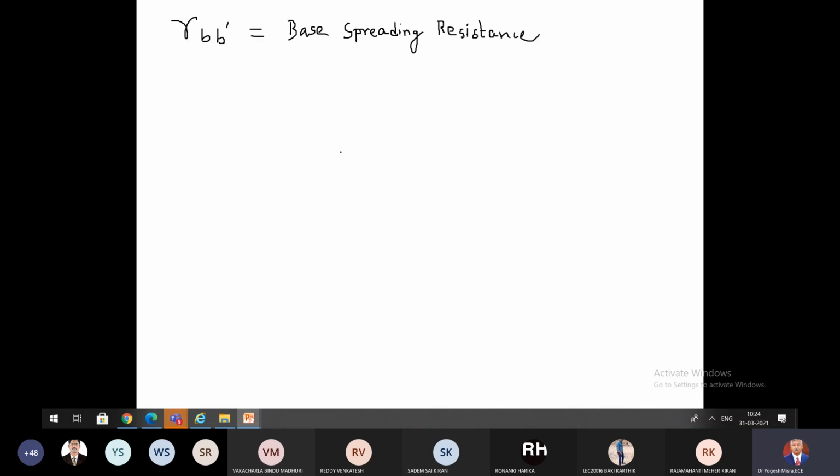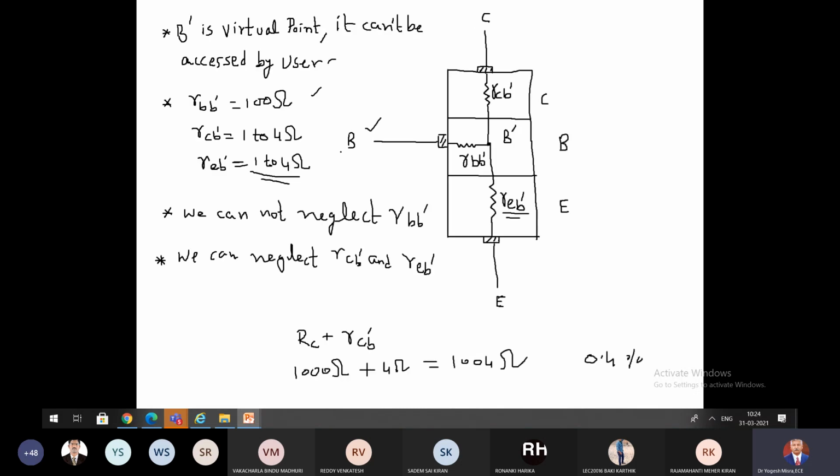Now here you can see there is a resistance between B dash and E terminal, right?